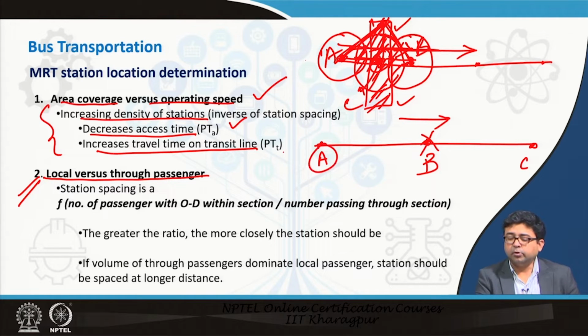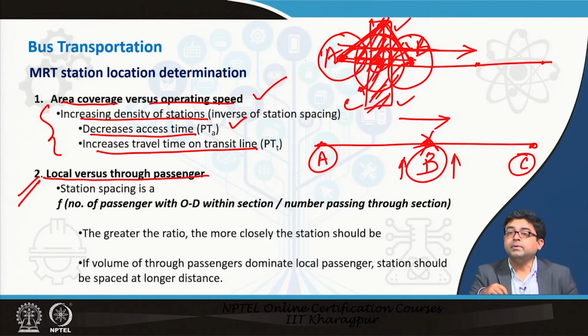You have already boarded the transit line and it does not matter to you whether this location or whether this transit stop is there or not, because you want to get down at C. So, at this location you are a through passenger, whereas there are many people who want to maybe board at that station. So, for those people they are local passengers at that station, right.